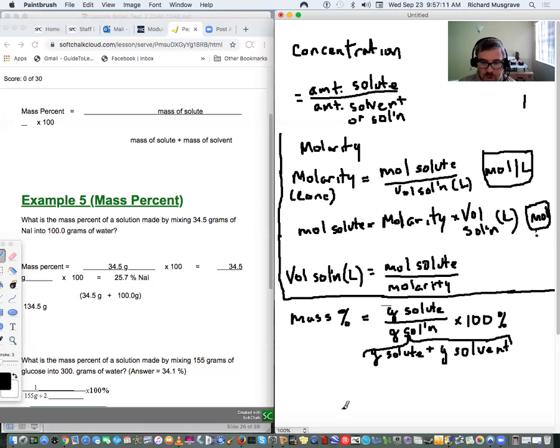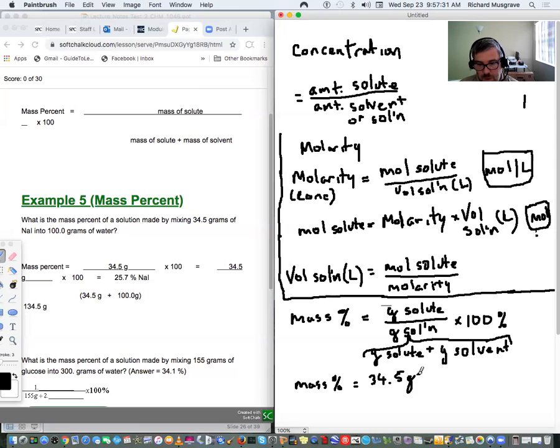So you can see that the work for this one, if I wanted to figure out the mass percent in this instance, is going to be 34.5 grams.